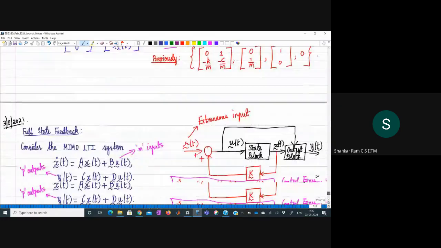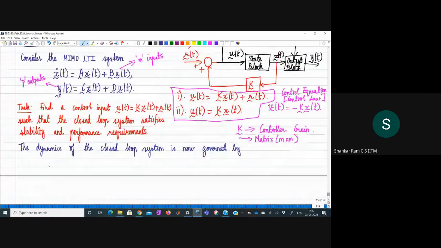We just substitute the equation of u of t. In the state equation, x dot equals ax plus bu, we substitute for u. When we substitute for u, we are going to get k times x of t plus r of t in the closed loop equation.